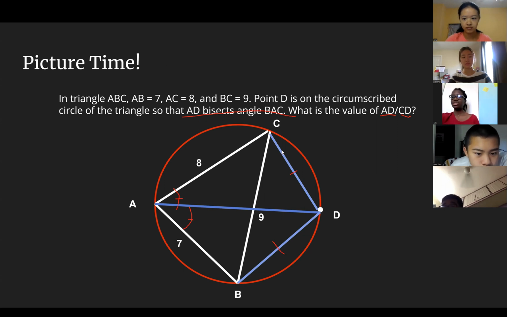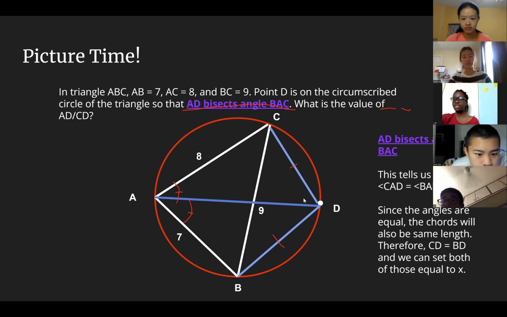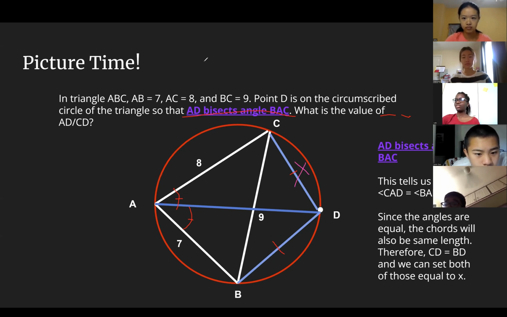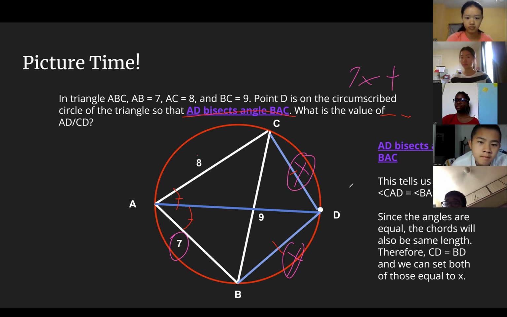So you can just set both CD and BD equal to X. And then after setting those equal to X, you use the theorem and you would get the opposite side is 8x plus 7x equals 9 times AD.